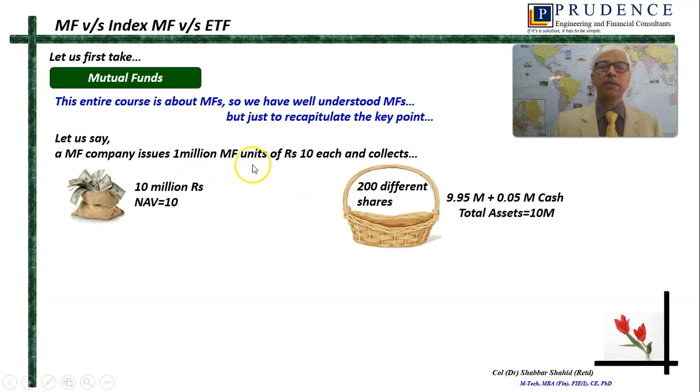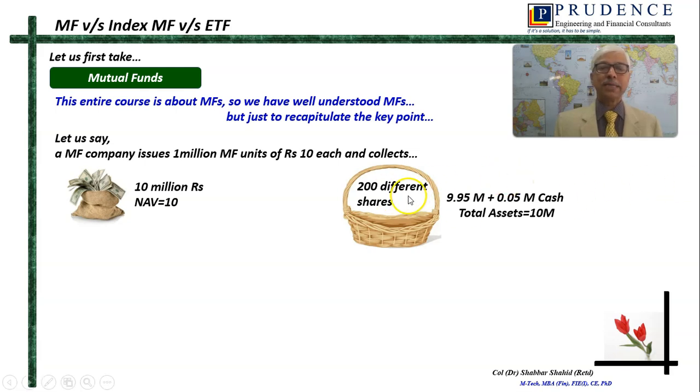So if 1 million units are issued at the face value of 10, then they would collect 10 million. Out of this 10 million, 9.95 million approximately, they will invest in purchasing a basket of stocks, maybe 200, 300 different stocks. And some small amount, let us say 0.05 million, they will keep as cash for any contingencies or redemptions. We have already studied that.